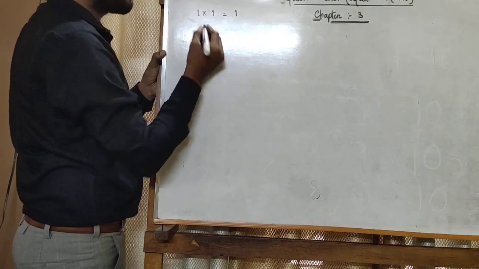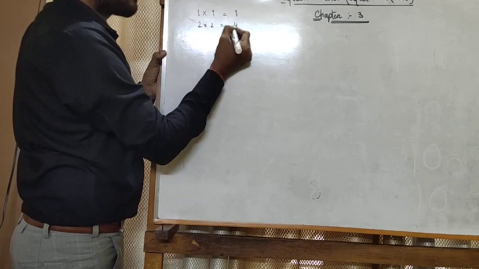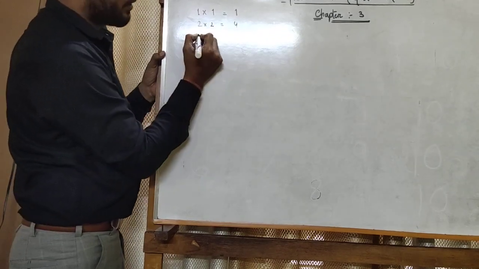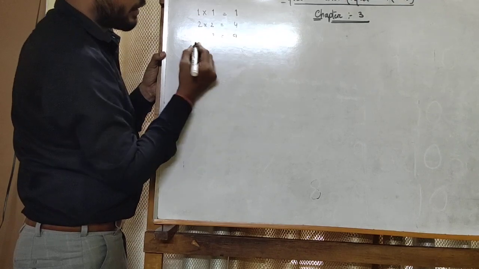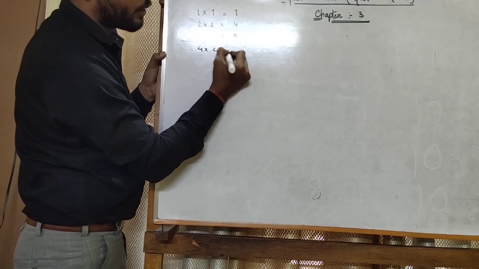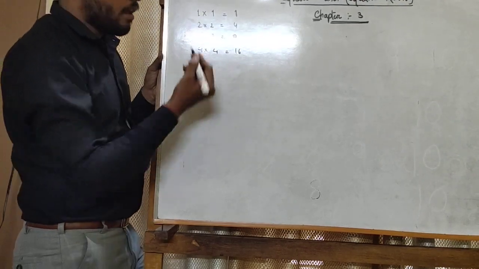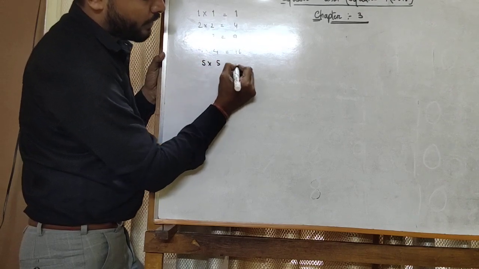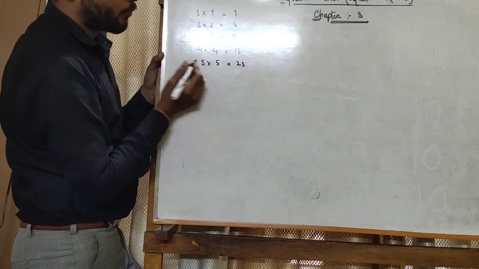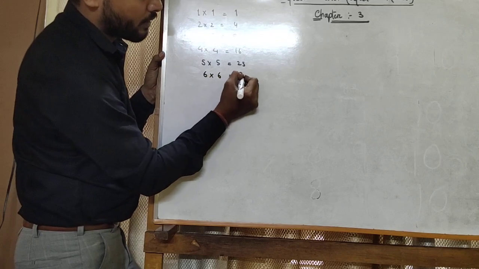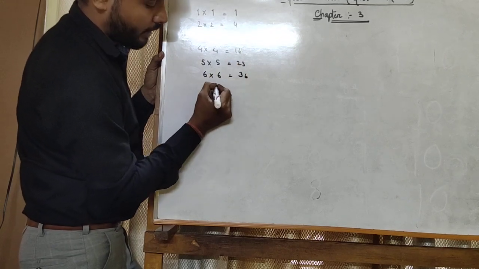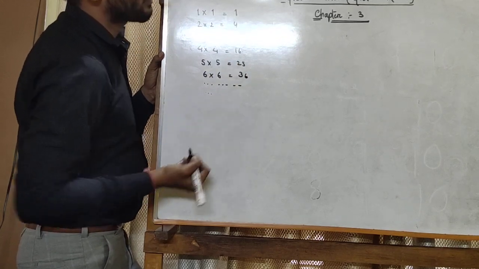So square of 1 is 1. 2 into 2 is 4, so square of 2 is 4. 3 into 3 is 9, so square of 3 is 9. 4 into 4 is 16, so square of 4 is 16. 5 into 5 is 25, so square of 5 is 25. 6 into 6 is 36. I think all of you know this. And so on, it will keep on going.